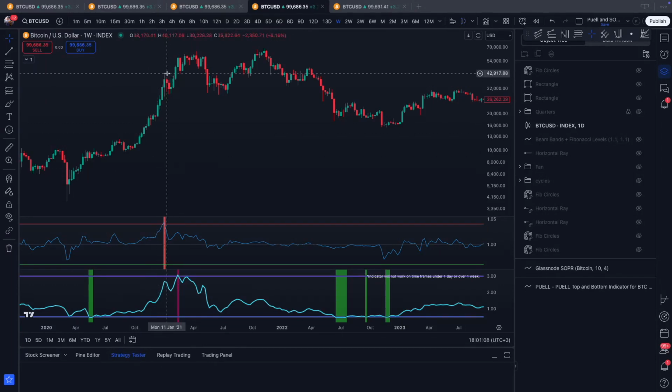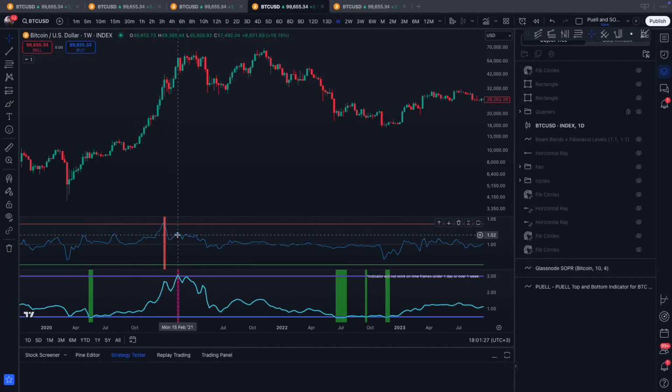And as we had here, we had that 30% correction down, which they were sold. The first time it flashes, it generally means there's going to be one more push up before we have a bear market or a large correction.